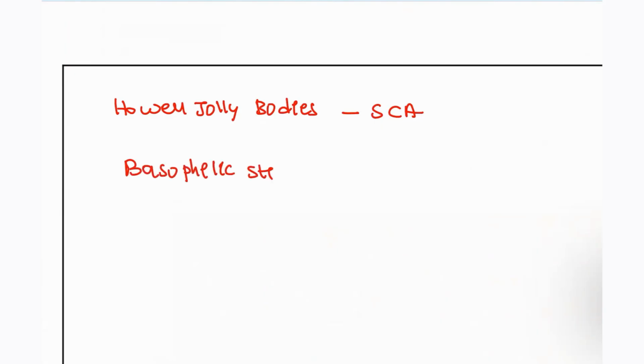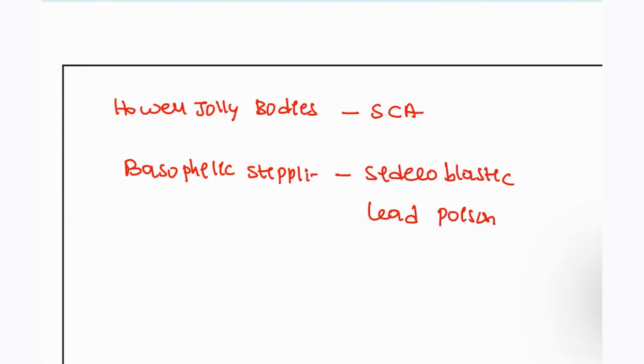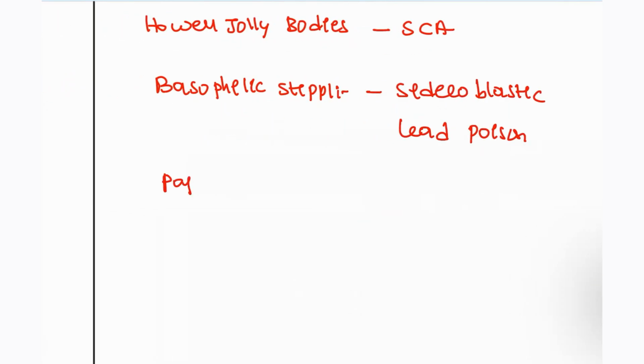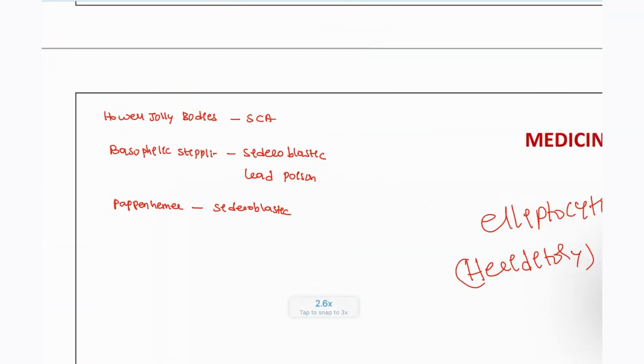This is seen in sideroblastic anemia and also lead poisoning patients. Next, Pappenheimer bodies. These are seen again in sideroblastic anemia. Okay, sideroblastic anemia, we are going to see these different types of cells.